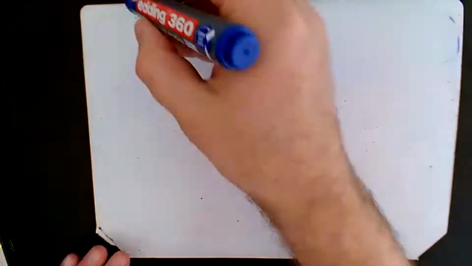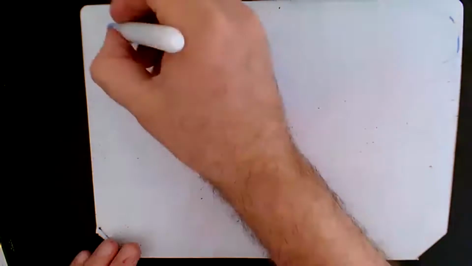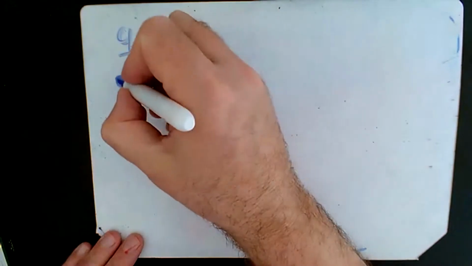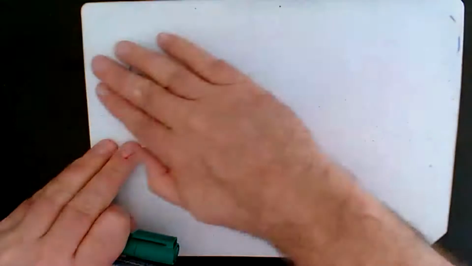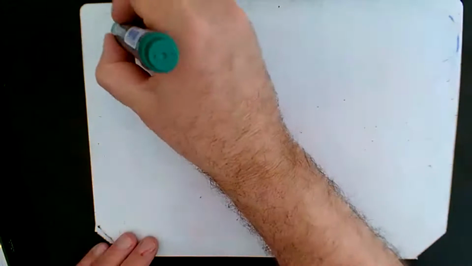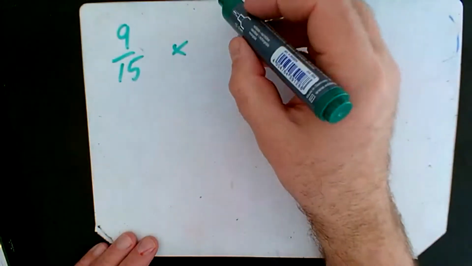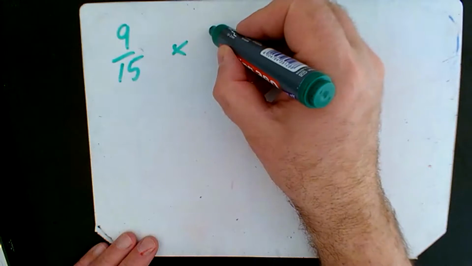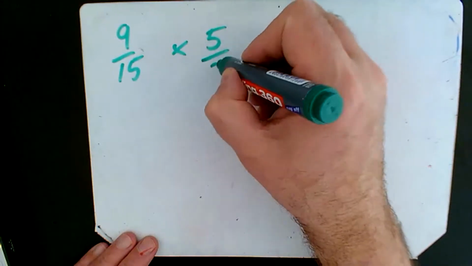So say for example we've got 9/15, and we times that by 5/3.